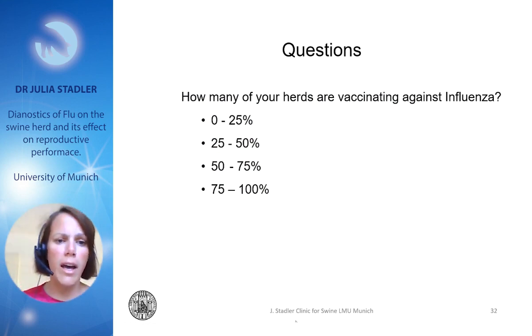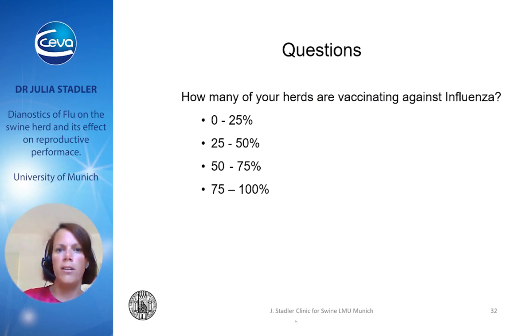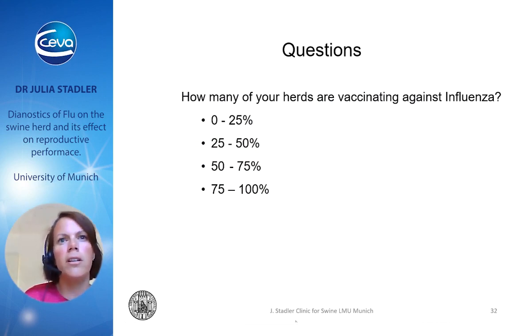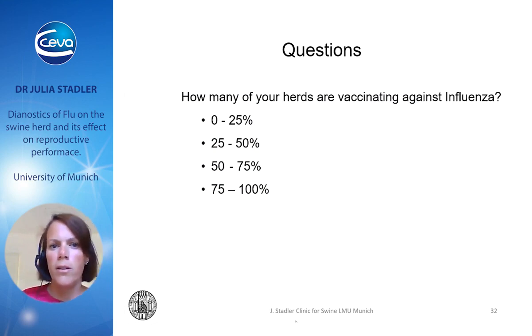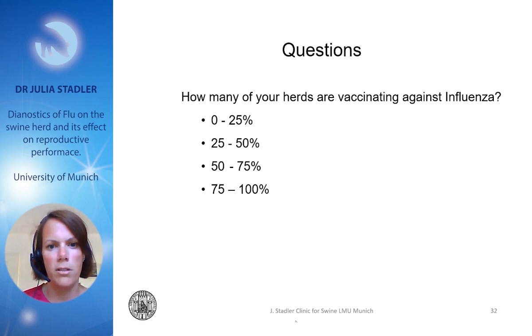Interestingly, we have observed an increasing detection rate of pandemic influenza in regions with a low pig density, and even in farms regarded as isolated, which had no purchase of animals, no purchase of semen, and no neighboring farms with aerosol, so humans must be the only possible source of introduction. And I think you have to keep that in mind.